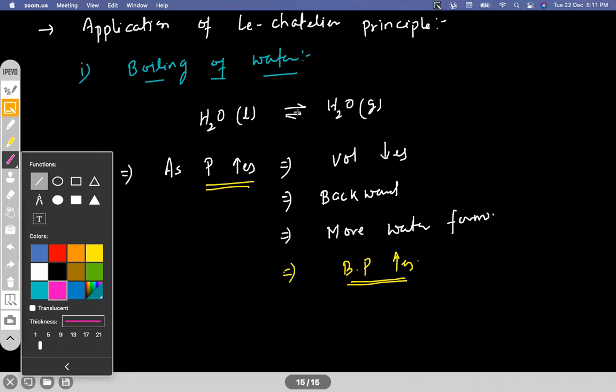The boiling point has been increased. Now it requires more temperature to boil under this condition. That is why it is not getting boiled, but it is producing more liquid, or the reaction is going in the backward direction. So since the boiling is difficult, we can conclude that the boiling point has been increased, hence water is not converting into gas, but it is happening the other way. Clear now?